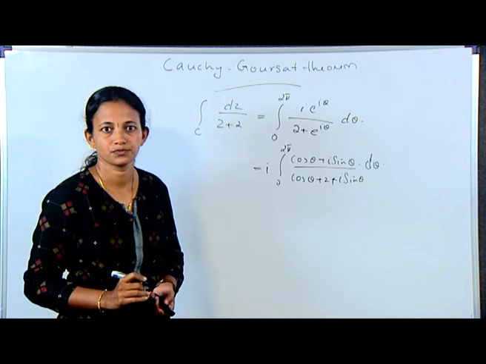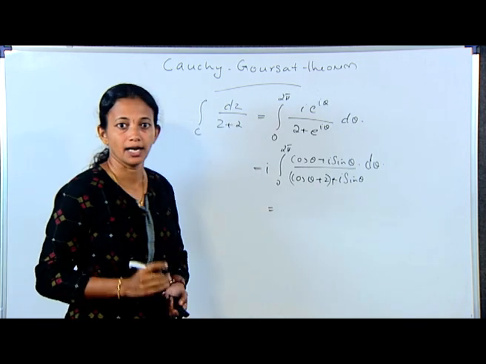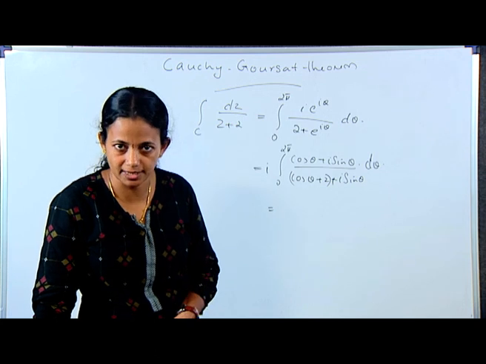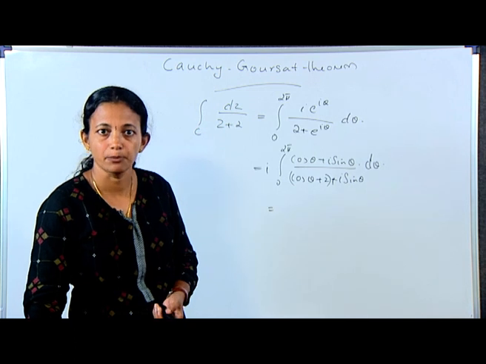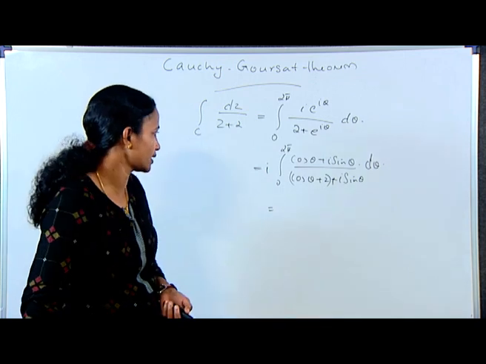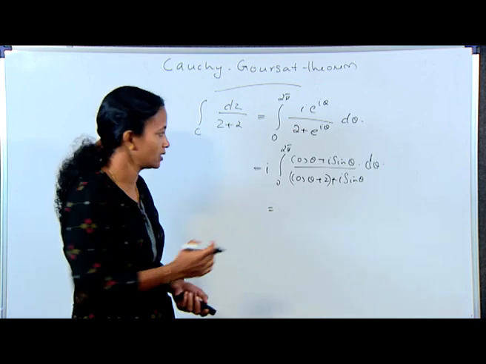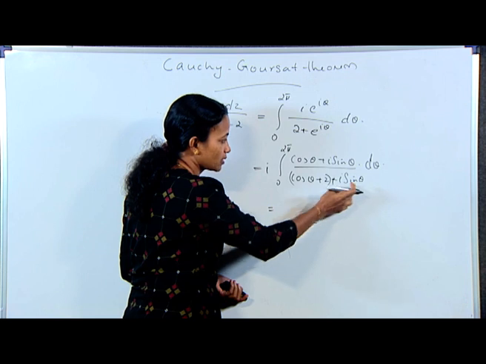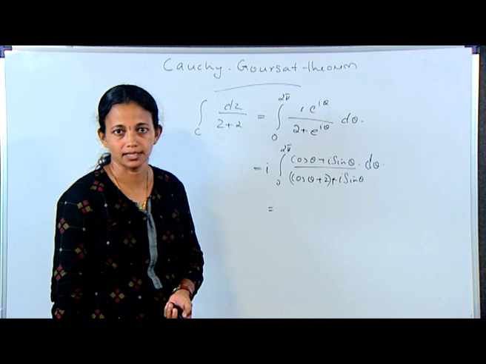Here e raised to I theta is written as cos theta plus I sin theta. Now we multiply by the complex conjugate of the denominator, that is, cos theta plus 2 minus I sin theta, so the denominator becomes (cos theta plus 2) whole square plus sin square theta.